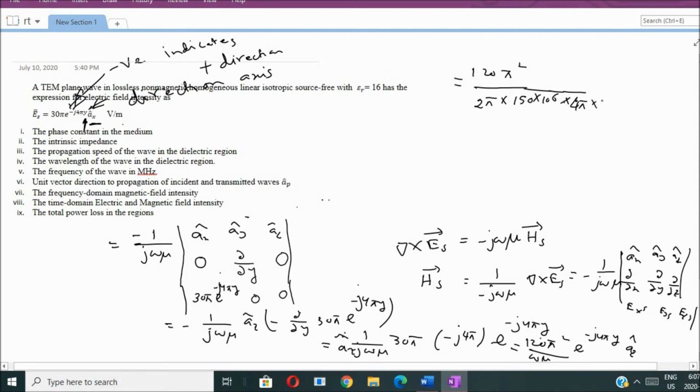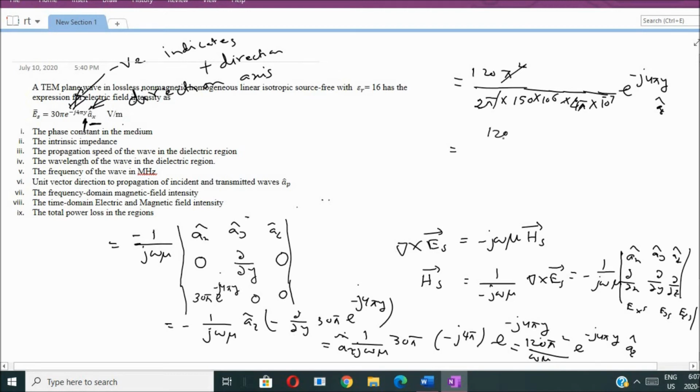So mu naught is 4 pi 10 to the power negative 7. Now you can cancel this pi with this pi squared, and there is 2 and 4.